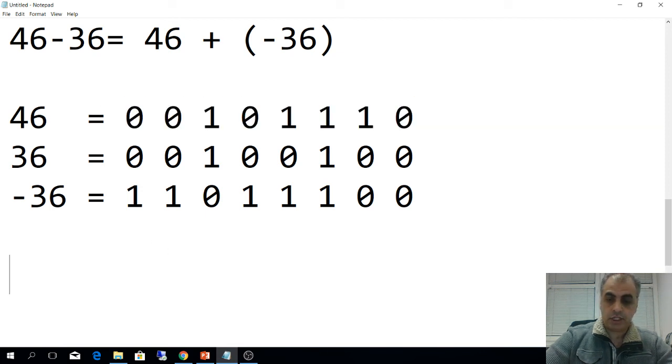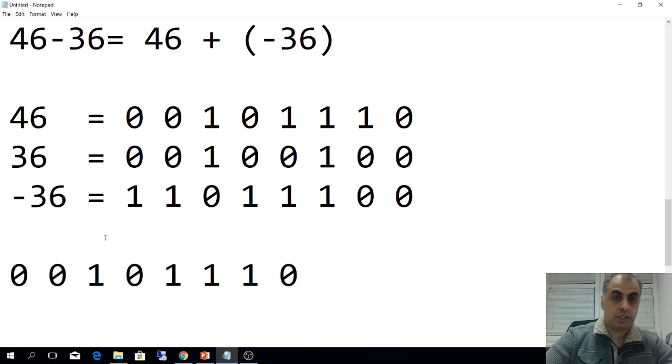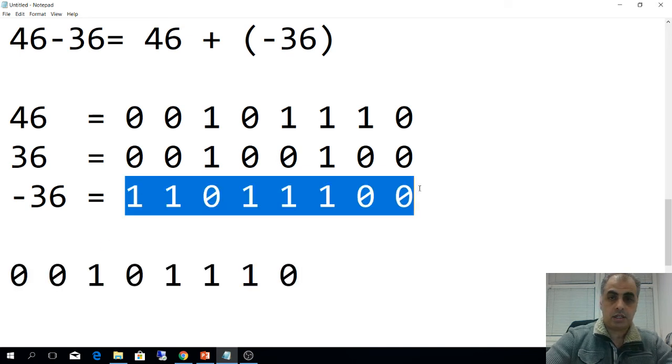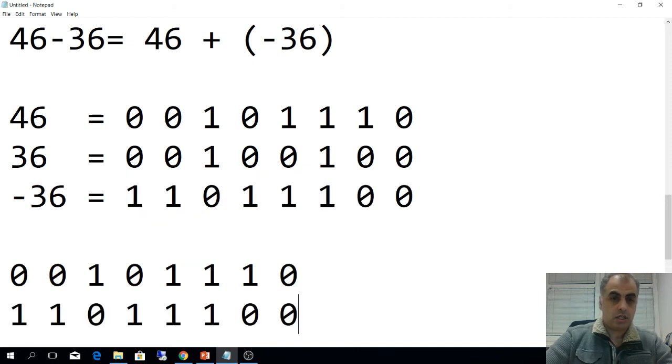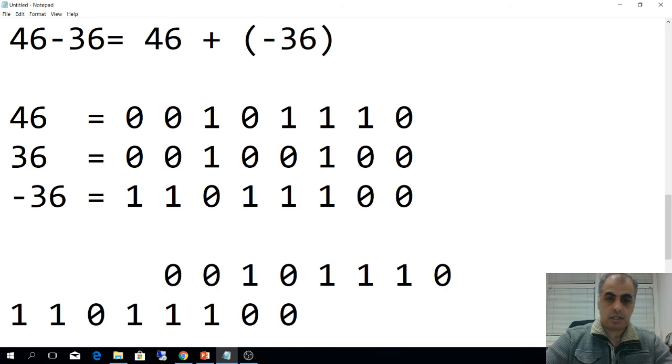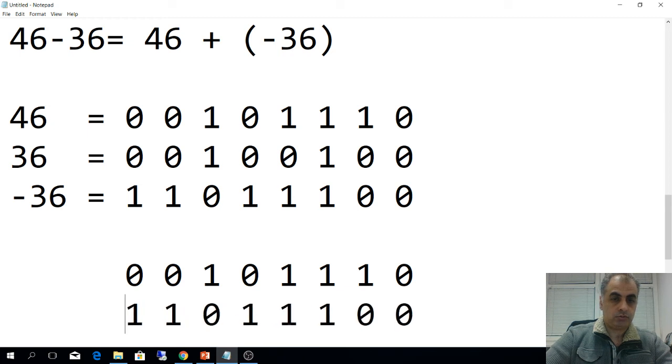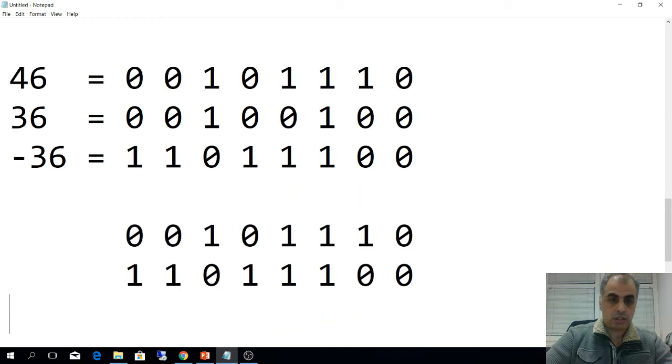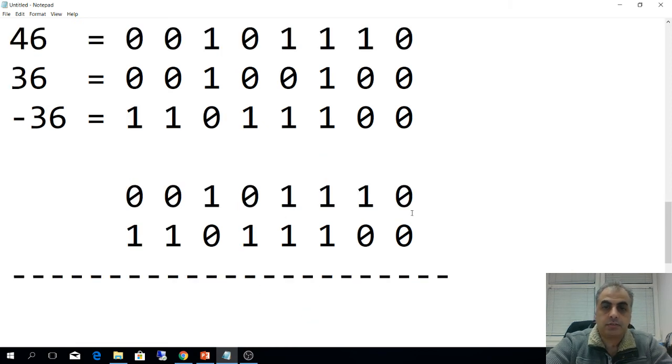So this is 46 plus this is minus 36. Now we are going to add those two by using the addition formula. Okay, let's see now.